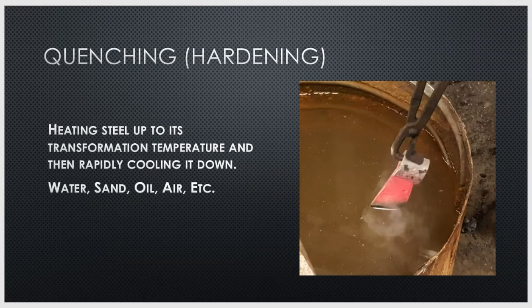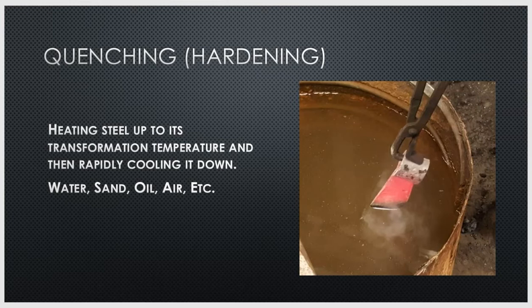So the very first type of heat treatment that we'll talk about is quenching, also known as hardening. So when you harden something, you're taking a piece of steel that is around its transformation temperature, and then you're cooling it off rapidly. So this is either by dunking the metal into a quench tank that's filled with water.